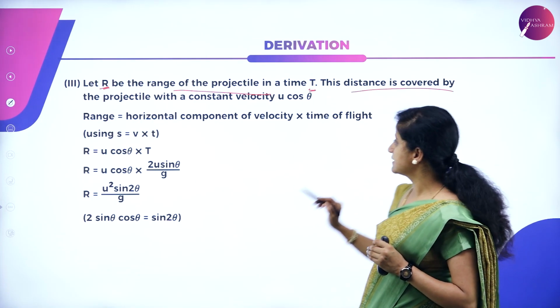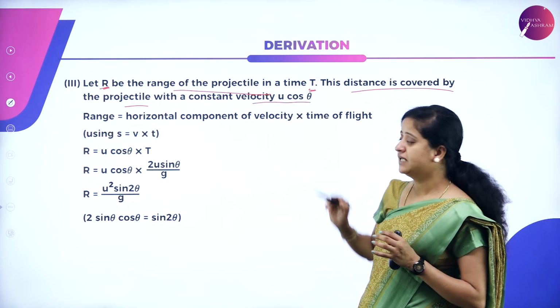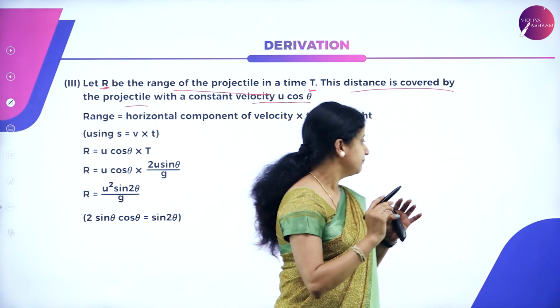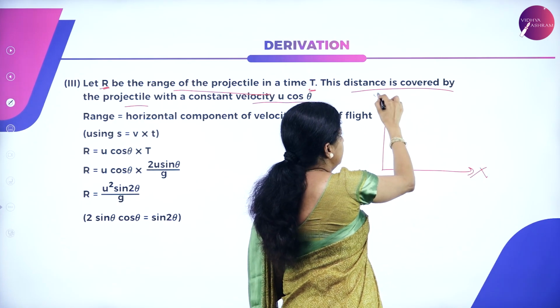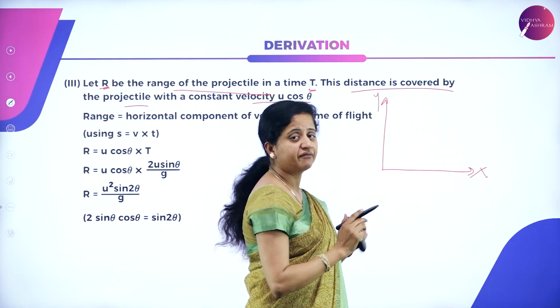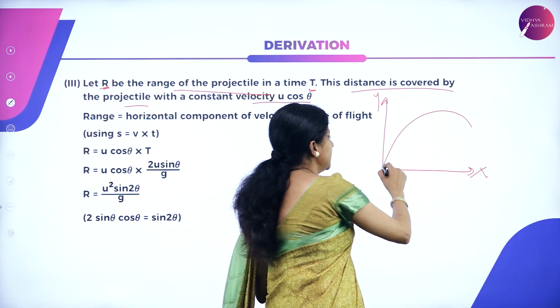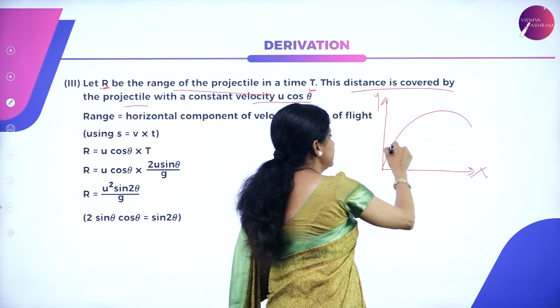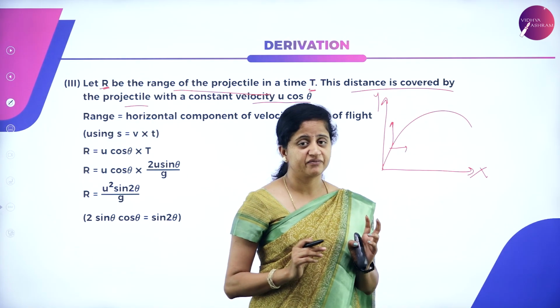This distance is covered by the projectile with a constant velocity, that is u cos theta, because we know the velocity component is resolved into 2 along the x axis as well as the y axis. When the object is projected, the velocity at each point is resolved into 2 components along the x axis and y axis.